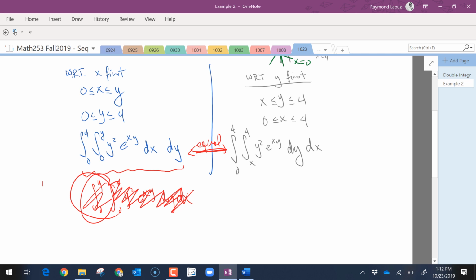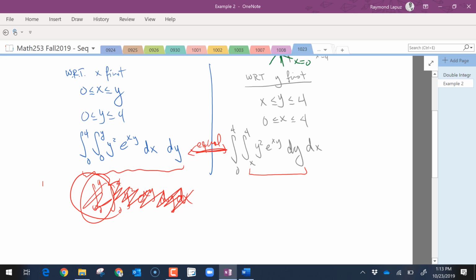All right, now, Hema was asking about, well, you can write it either way. What would be easier to do? If you look at this integral, let's look at this one first. According to this iterated integral, I have to integrate y squared e to the xy with respect to y. How would you do this integral? Probably by parts. Twice by parts.